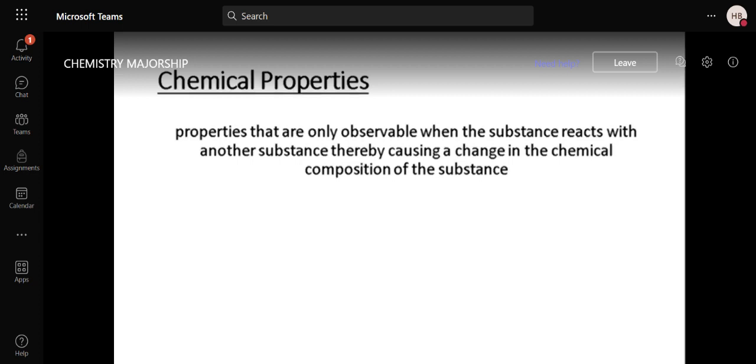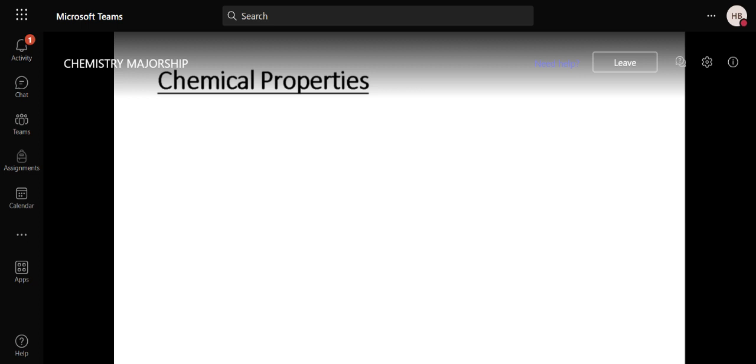So, anong mga properties po ba ang kasama sa chemical under this one? Meaning, kailangan natin silang i-expose to elements or reactions para malaman natin kung it has that specific property. Let's try to go over some of them.